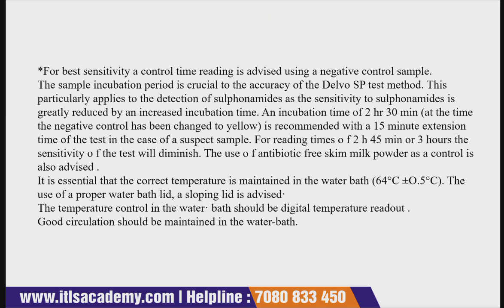For the best sensitivity, a control time reading is advised, usually using a negative control sample. A sample incubation period is crucial to the accuracy of the DELVO SP test method.